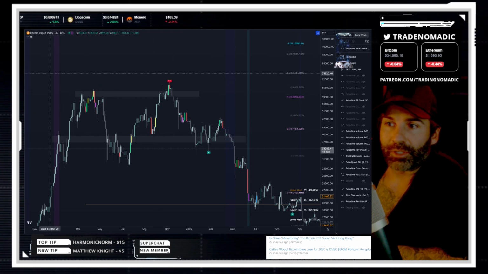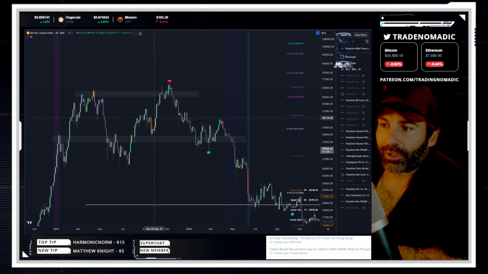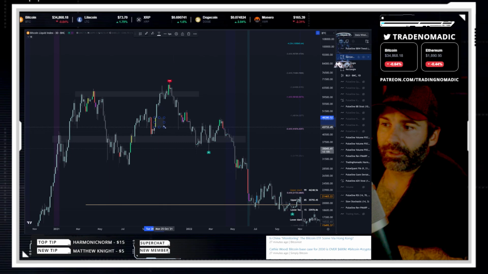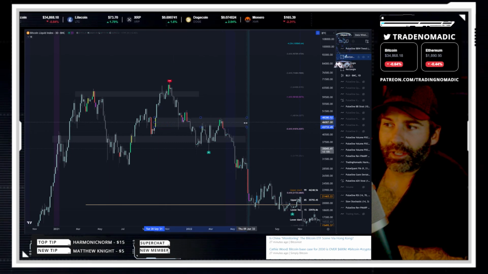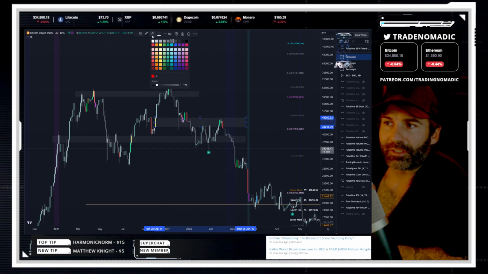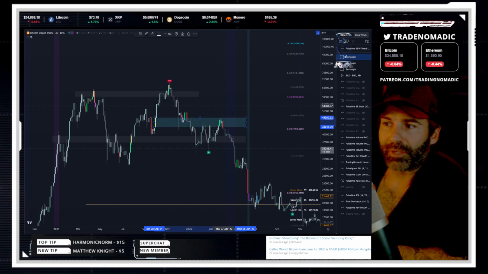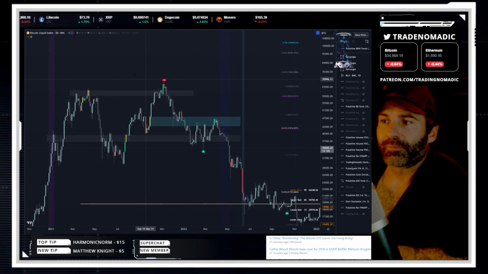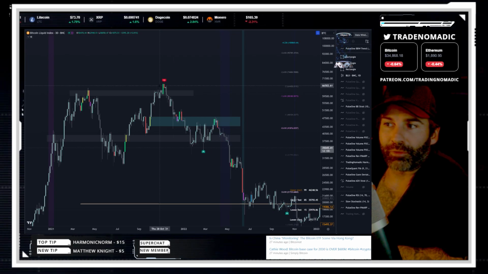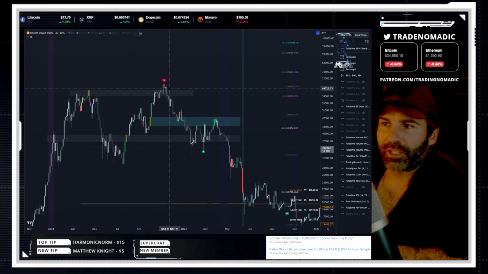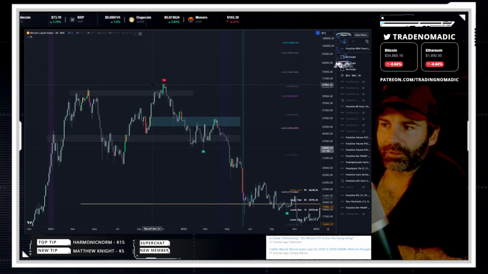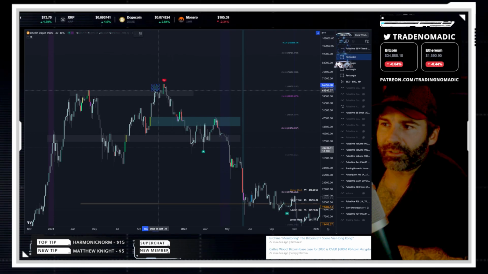This one did not get recovered, so you would look at it like this. Hey, that's a supply zone that I'm expecting price to come back into. And then we went right through it. And on this time scale you didn't get one here, but this would be an imbalance too.